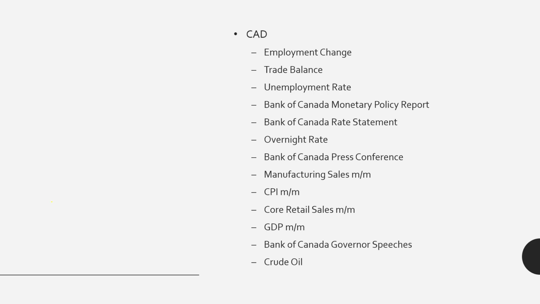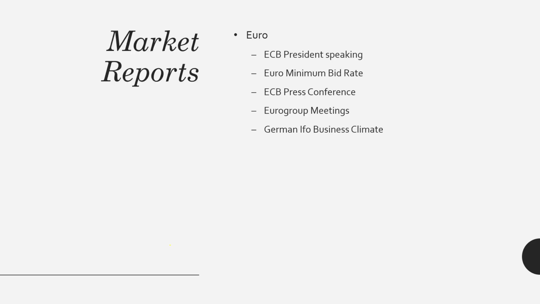On the CAD, you have the employment change, which is really good to trade. You also have the trade balance, the unemployment rate, the Bank of Canada monetary policy report, and rate statement, which actually is coming out tomorrow at 10 a.m. Then you have the manufacturing sales, the CPI, the core retail sales, the GDP, the Bank of Canada governor speeches, as well as crude.